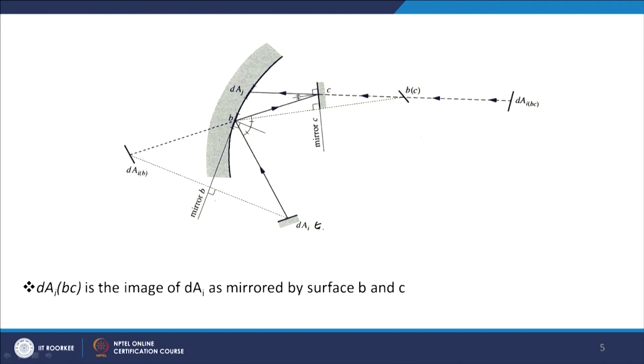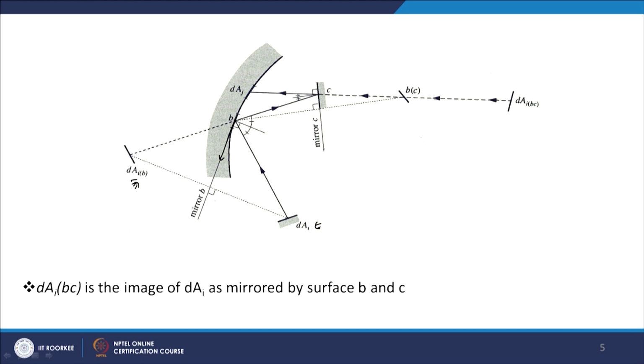So, here this is the surface element dAi, and it is reflected from B. So, this is the mirror surface, and its image in mirror B is formed here. So, when we talk about the view factor between an image and a surface, we have to take into account this area. After the second reflection in mirror C, the image appears here.